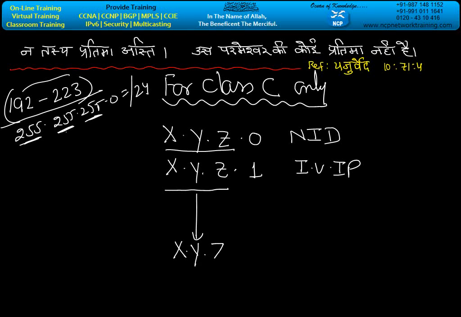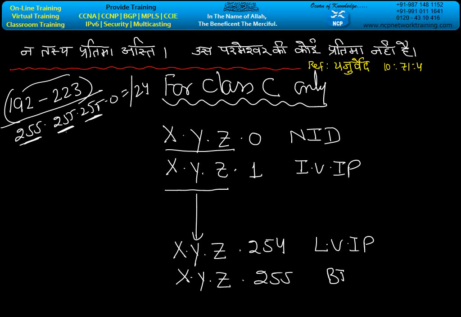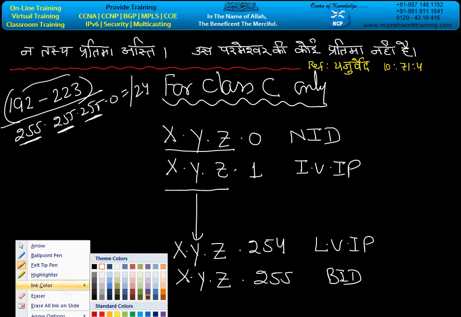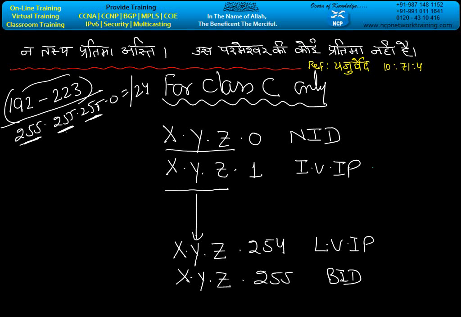X.Y.Z.254 is the pattern for the last valid IP. And X.Y.Z.255 is the pattern for BID for class C. From first valid to last valid IP is called the valid IP range.